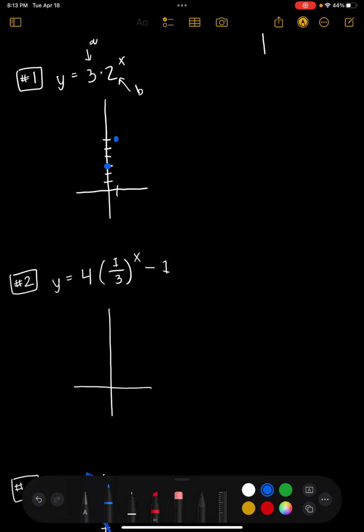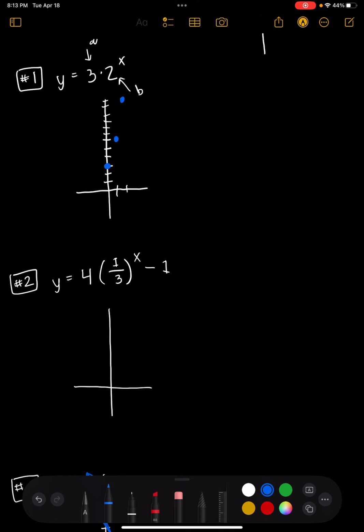Then if I wanted to put another point there, I would take 6 and multiply that by 2. So 6 times 2 is 12. So I'm going to go up to 12, 7, 8, 9, 10, 11, 12. And then I'm going to go over 1 more on the x-axis, and put a point at 2, 12.